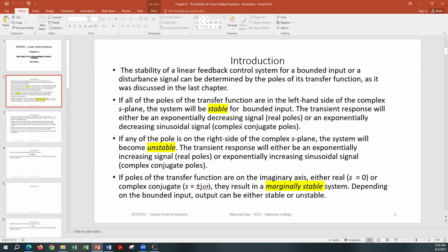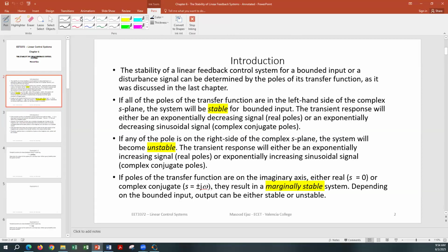If all of the poles of the transfer function are located on the left-hand side of the S-plane, again, that discussion. So this is your S-plane, and this is your real axis, your negative real axis, your imaginary axis, and your negative imaginary axis.